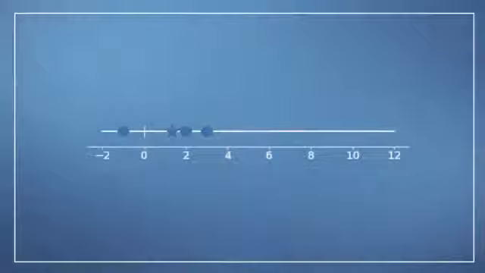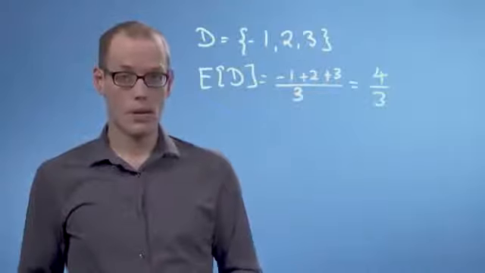So now the question is, what happens to this data set when we shift it? So let's have a look at a shift by 2 to the right. So we end up with these red dots now. What happens to the mean value of this data set if we shift the original data set to the right? Well, the answer is the mean also shifts by 2.